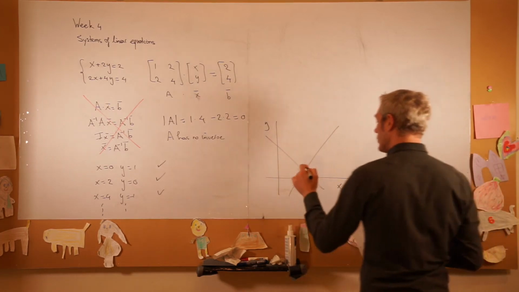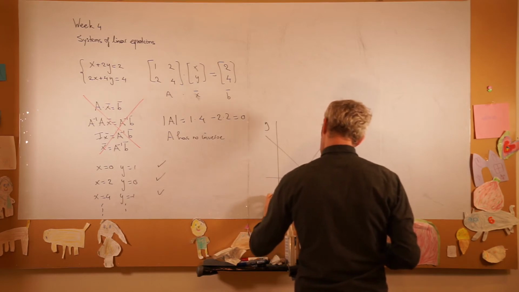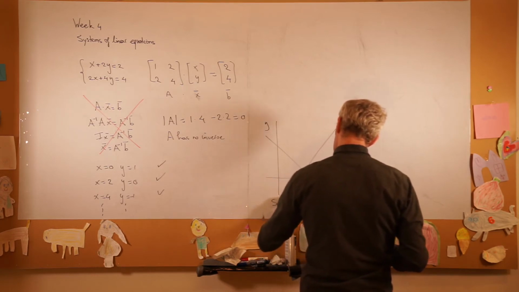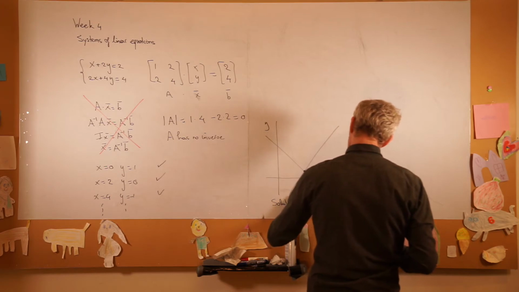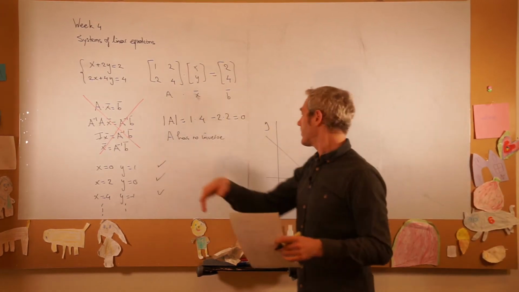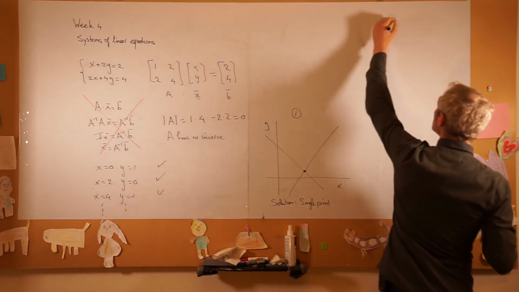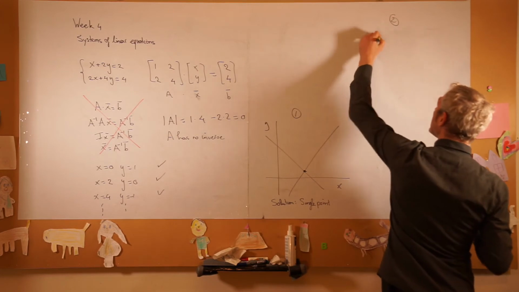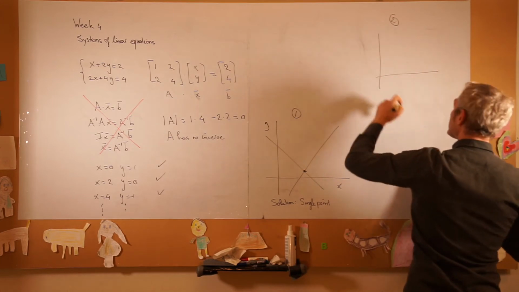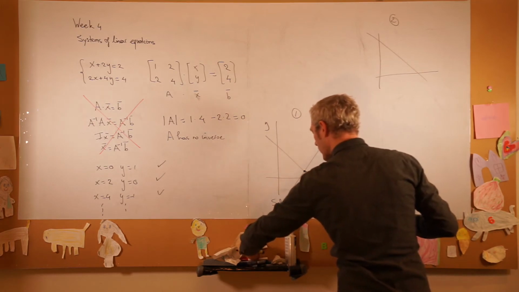The solution here is a single point, and this is the case for which this method does work. This is situation 1. Situation 2 is that these lines fall exactly over each other.